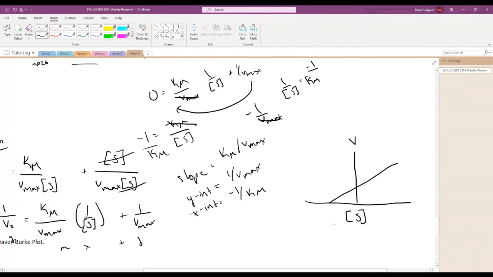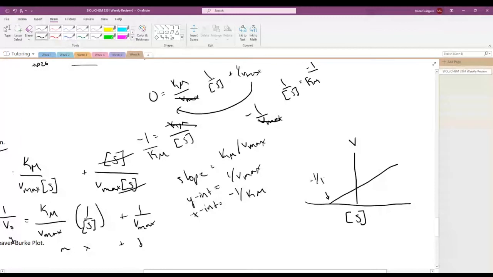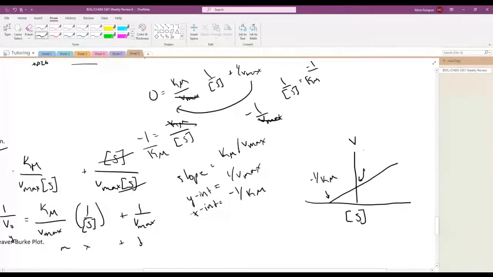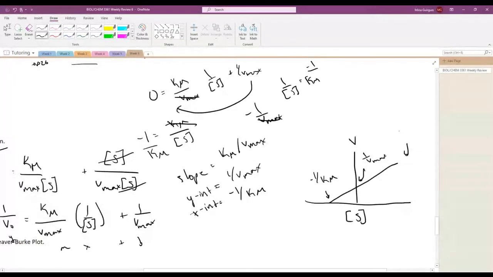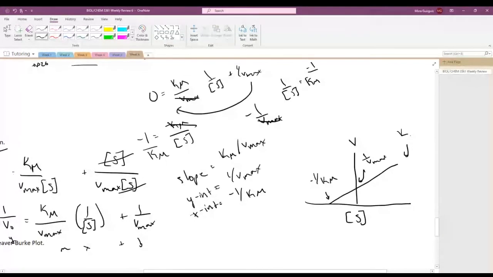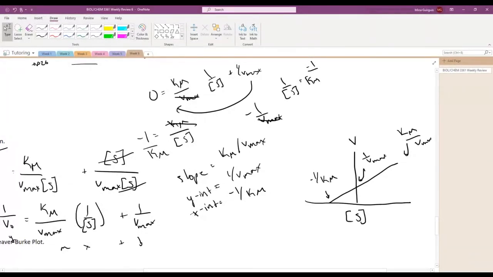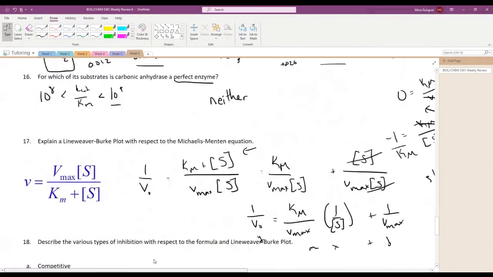So I know that in this example, this is my negative 1 over Km. That is my 1 over Vmax. And finally, the slope of that line is, like we said, Km over Vmax. Okay. So now that we've explained this, we can get into inhibitors.